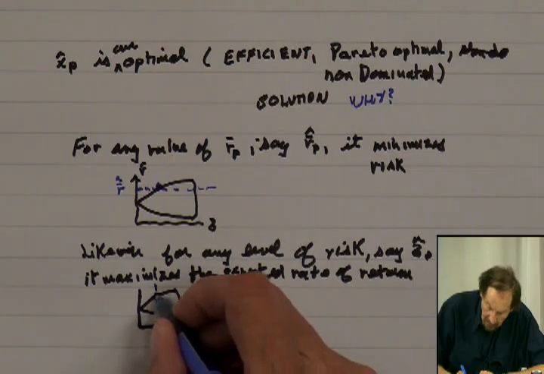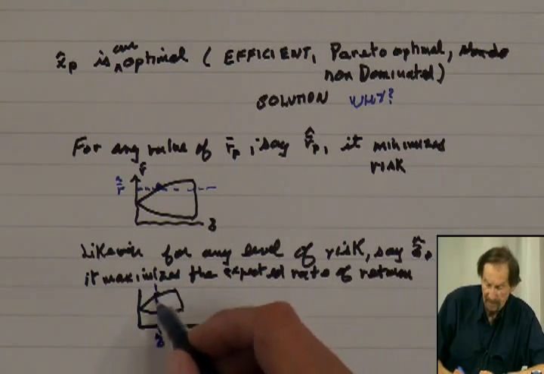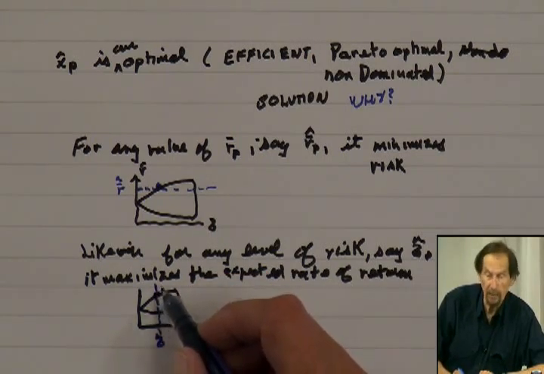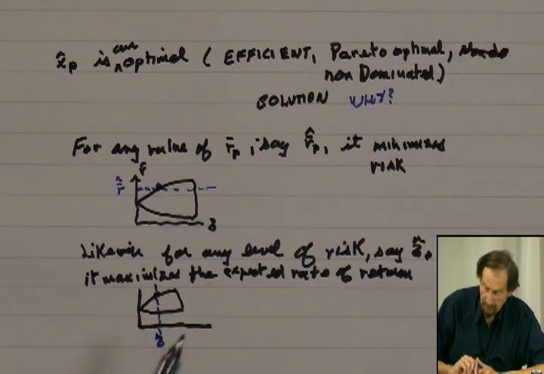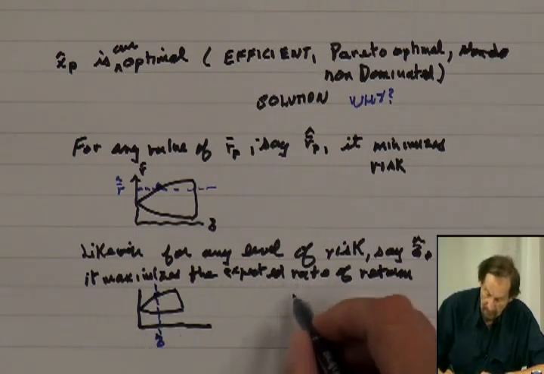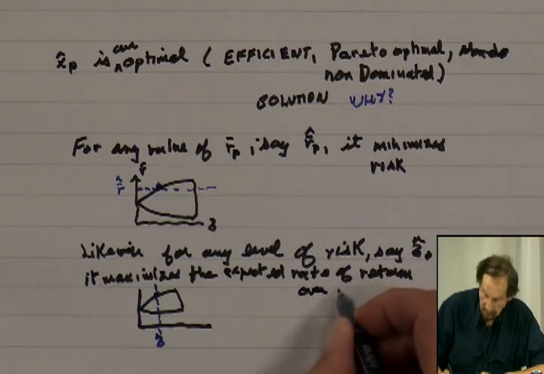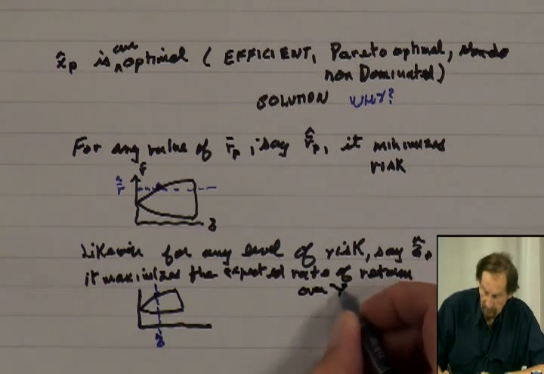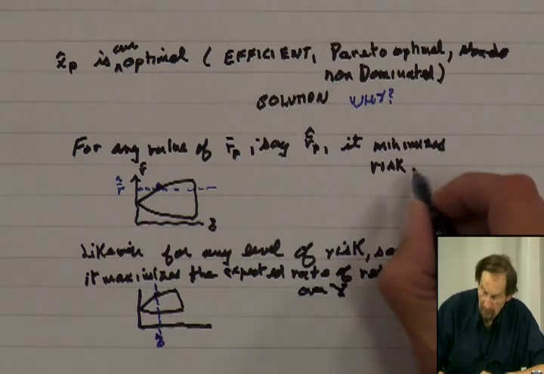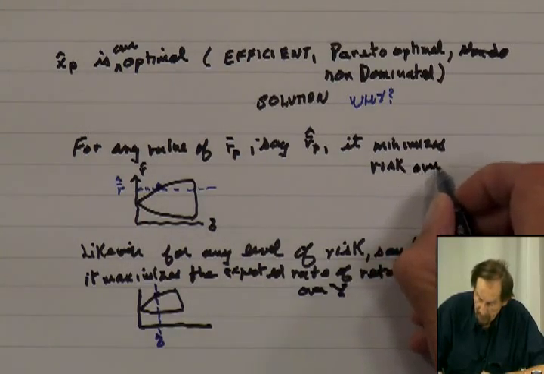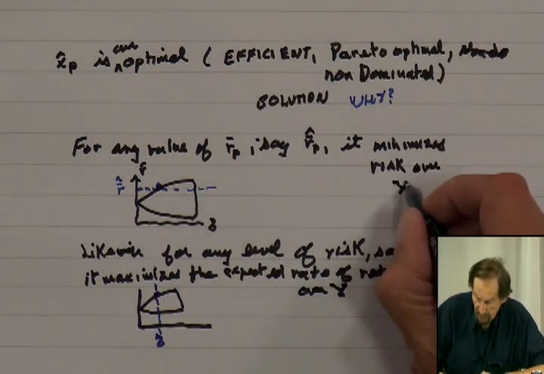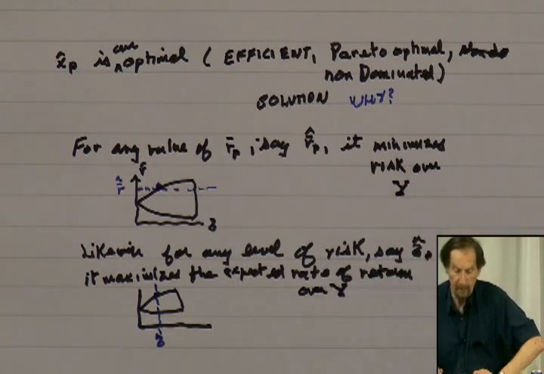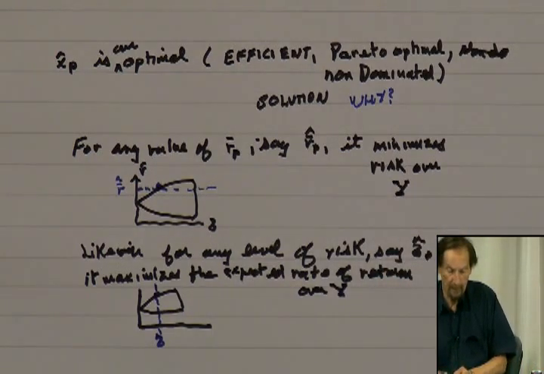And we'll see here that this maximizes our expected rate of return over Y. We should say that. And this should be over Y too. Y is the set of feasible output pairs. Okay.